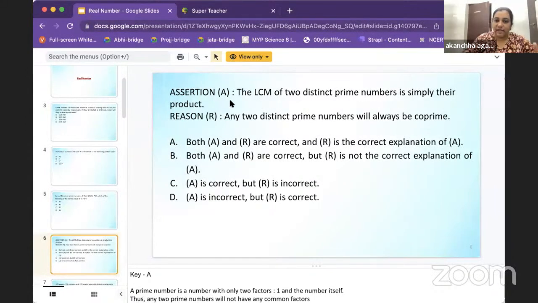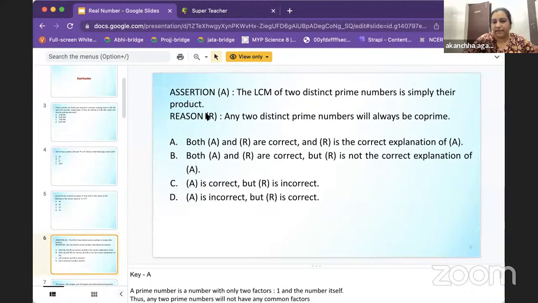C is when the assertion is correct, but the reason is not correct. And the last option is when the assertion itself is not correct, but the reason they are mentioning is correct.